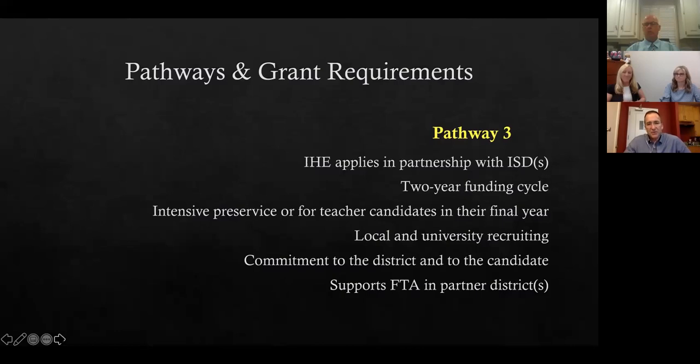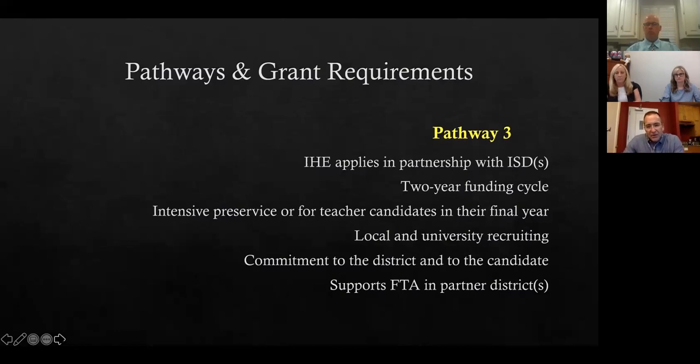This was also in grant cycle 2. There's an intensive pre-service option, which involves somebody going through their teacher preparation program but becoming a teacher of record during their senior year. So they have to do an intensive pre-service experience, and while they're finishing their teacher preparation at a university, they can become the teacher of record. And then there's the more traditional pathway where you do the student teaching for the last year.